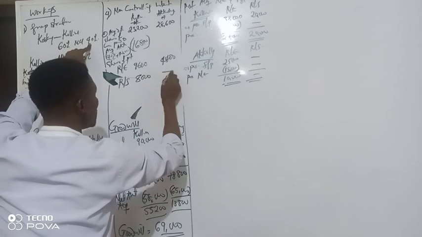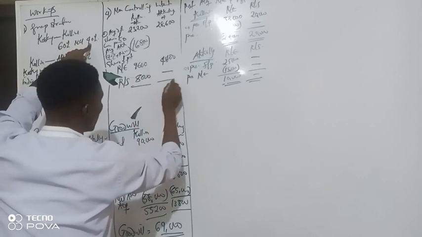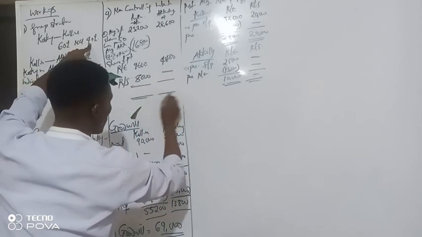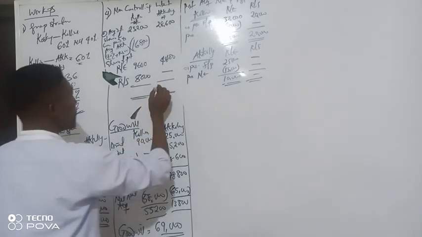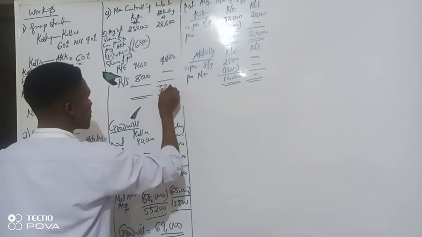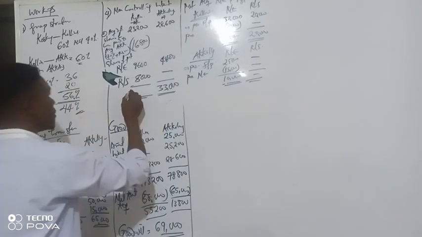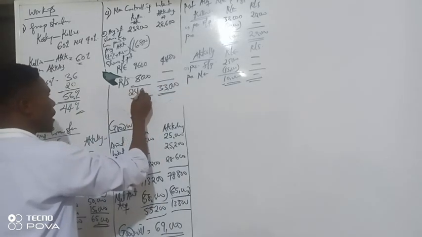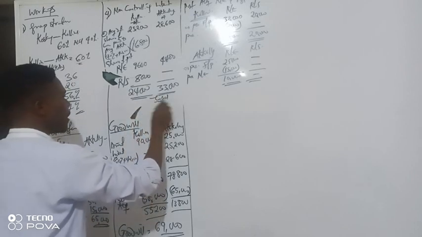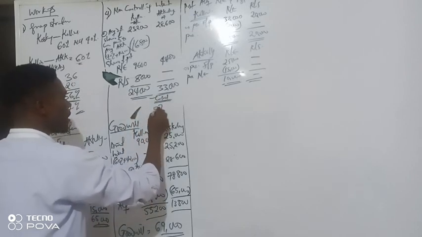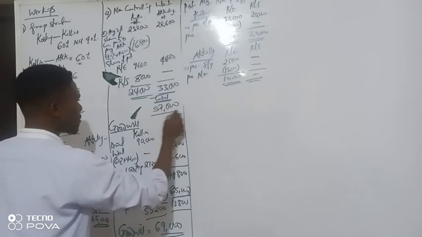Then our total NCI is 33,000 plus 24,000, which gives 57,000.